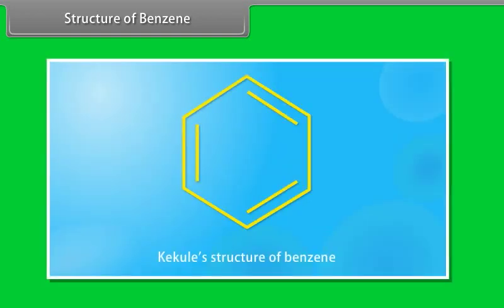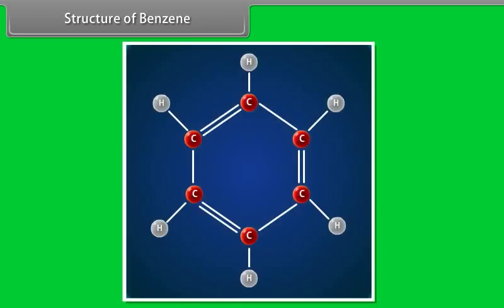Structure of benzene. A chemist, Kekule, in 1865 suggested the following structure for benzene. According to Kekule, 6 carbon atoms in benzene are on the 6 corners of a regular hexagon. Each C atom is attached with one H atom.